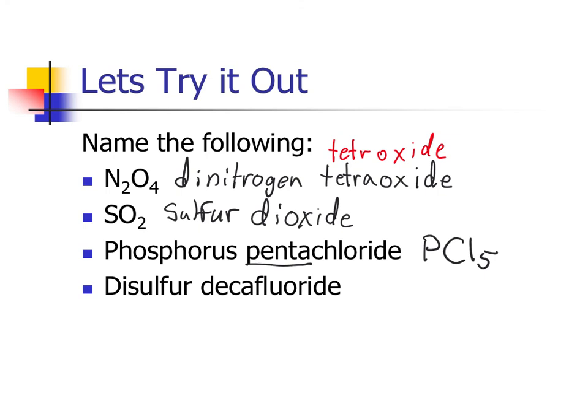Disulfur means that I have 2 sulfurs. And in the next one, I have 10 fluorines. The ending of IDE, again, lets us know that the compound is done being named. So it's so nice. We use it when we write it, like we did up here, and then when we're asked to go the other way, it helps us.